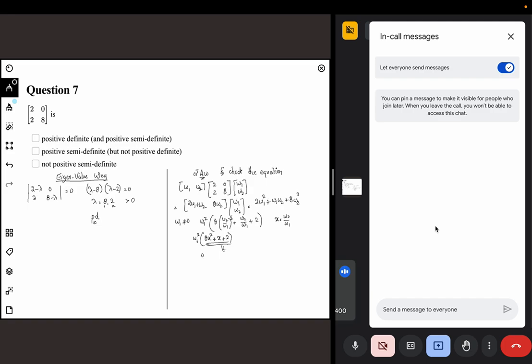So what will you get if it is equal to 0? What is the value of x at which this will be satisfied? Remember that we are discussing this W, like essentially x is W2 by W1, and W belongs to Rn. In this particular case, W is R2, which means W1 and W2 are scalars. If you solve this equation, what is the value of x you will get?